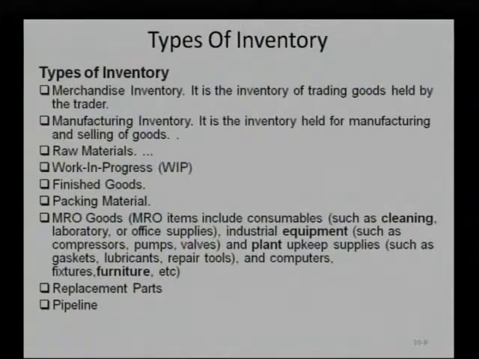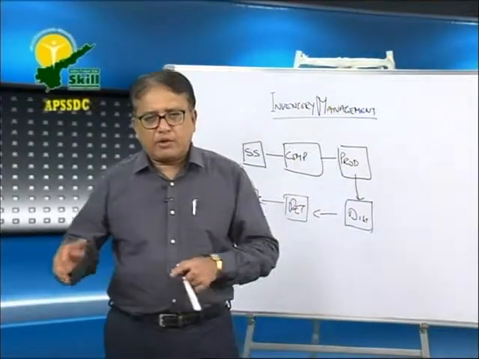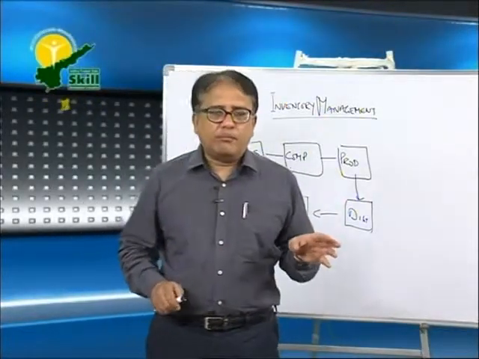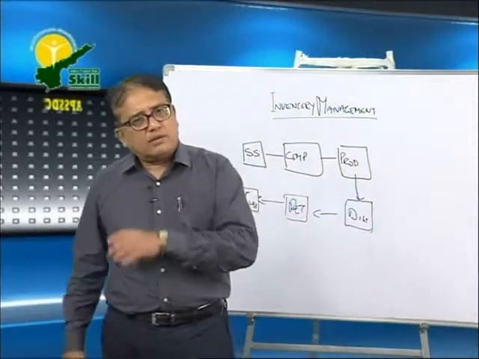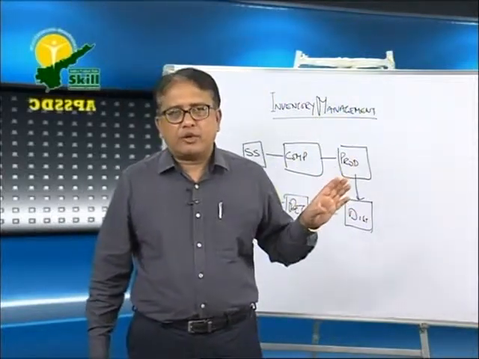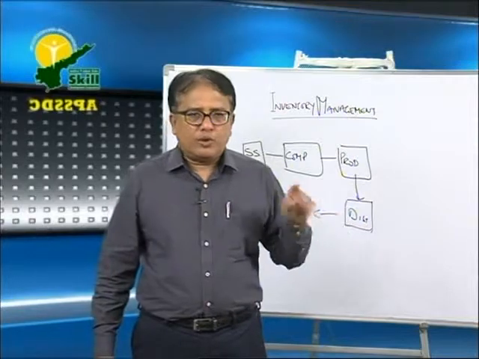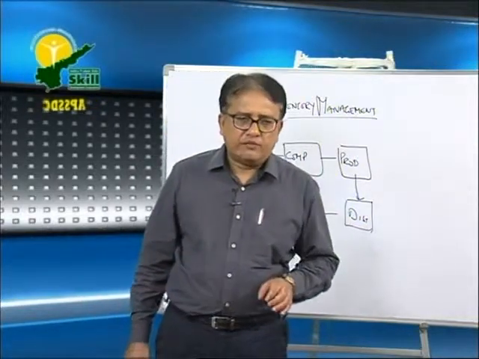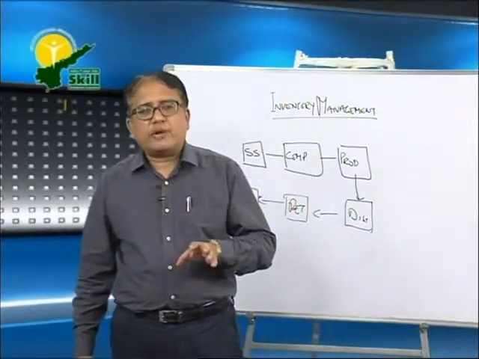It is not only the components or the semi-finished goods or the final product or the finished goods which are considered inventory. Even to upkeep and maintain the plant, there are different kinds of materials, chemicals, etc. that are required, which also need very efficient inventory management.